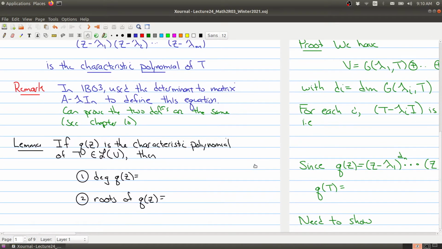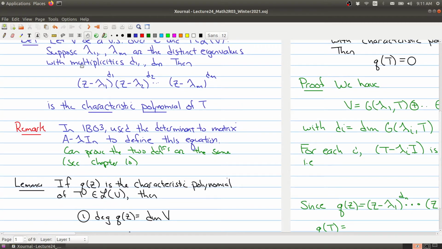Okay, so what kind of properties does this polynomial have? Two properties here are very easy to prove. First of all, the degree of this characteristic polynomial is equal to the dimension of your vector space, and the roots of this polynomial are the eigenvalues of the operator T. Both of these things fall out from the definition.